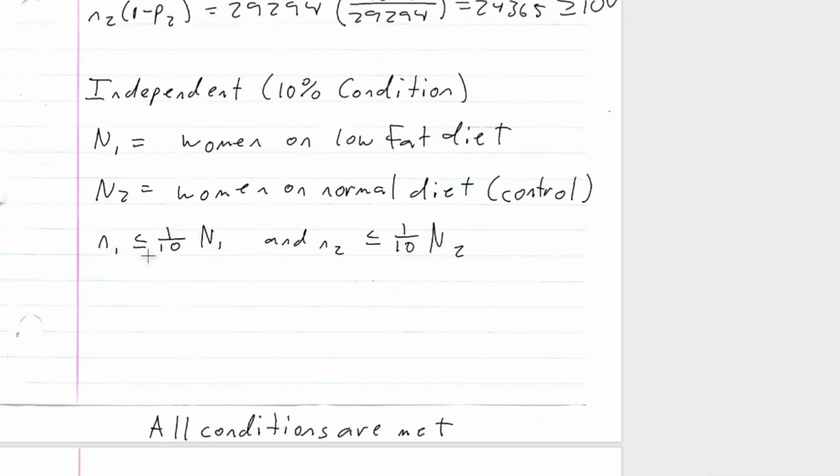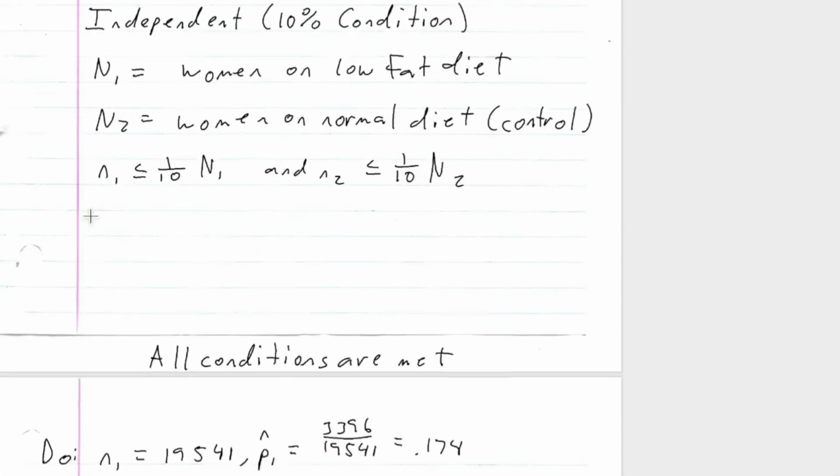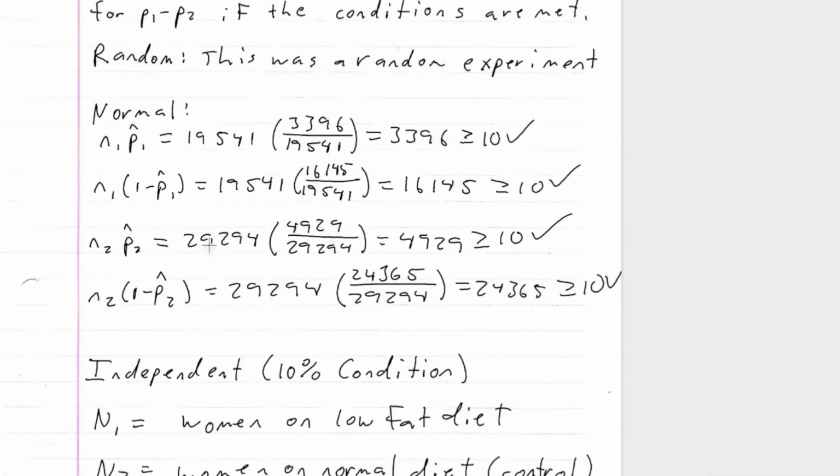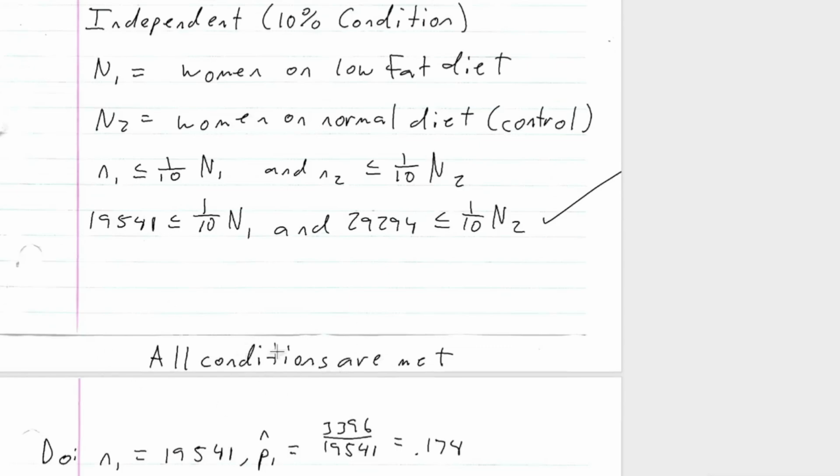And remember, n1 was 19541, and of course, that's less than a tenth of all women on a low-fat diet, right? And what was n2? n2 was 29294, which of course is less than a tenth of all women on a normal diet. So all the conditions are met.